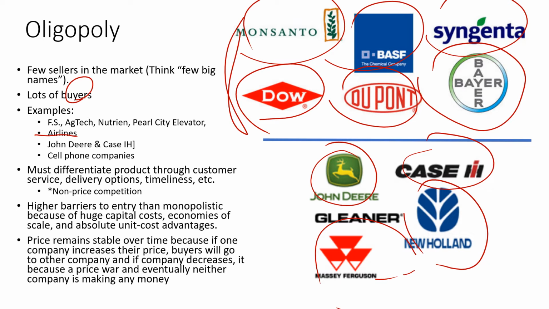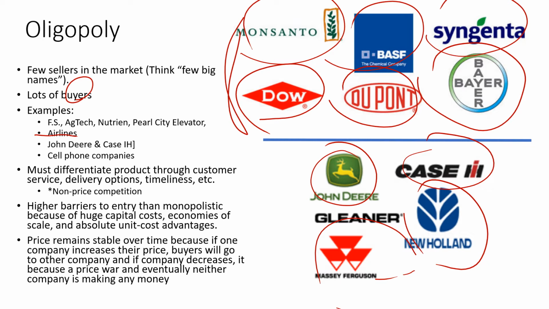So it can be high barriers. In general, imperfect competition has higher barriers to enter into than perfect competition, but this has higher barriers than monopolistic because these are big companies that require huge capital costs, and the bigger the company gets, the cheaper they're going to be able to source inputs.